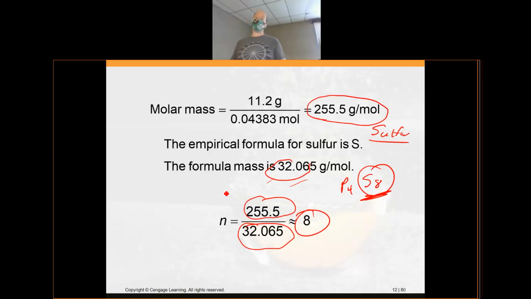So like we have 7 diatomic elements, we have 1 tetraatomic element, phosphorus, we have one octaatomic element, and that is sulfur. And this problem confirms that the sulfur does have 8 atoms of sulfur in the elemental sulfur.